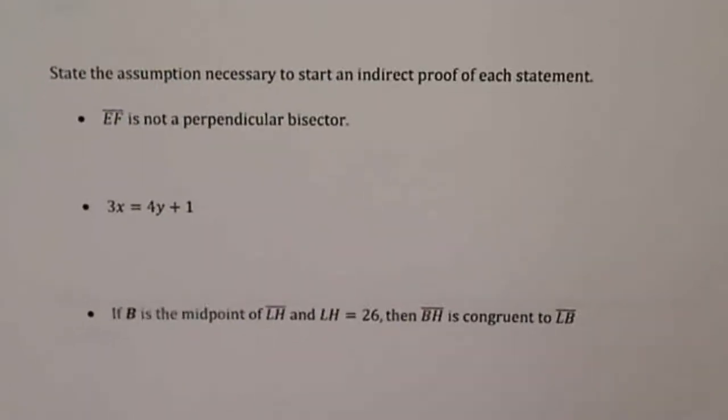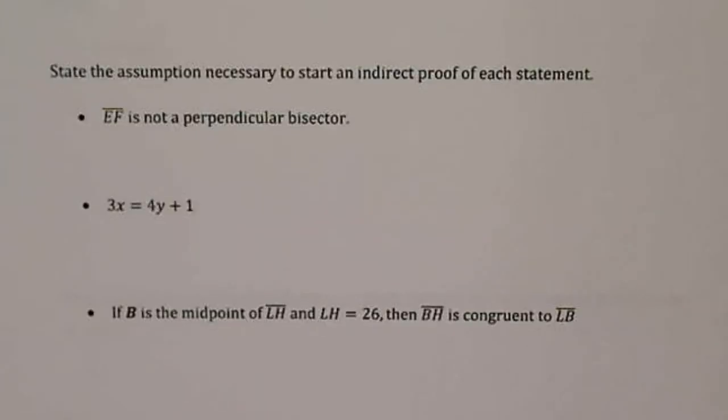State the assumption necessary to write an indirect proof. So remember, step 1, we want to prove the opposite. So what is the opposite of EF not being a perpendicular bisector? Well, the opposite of not is that it is.